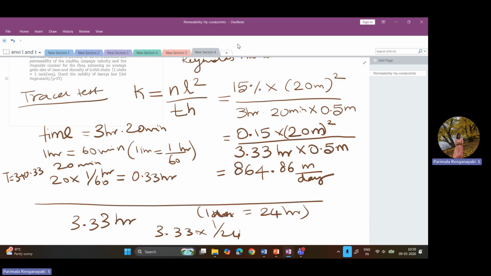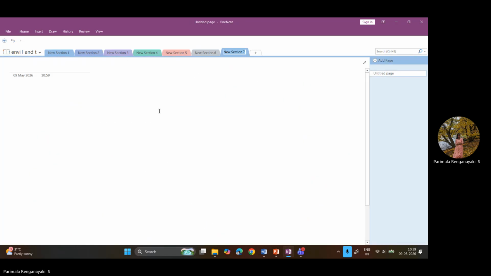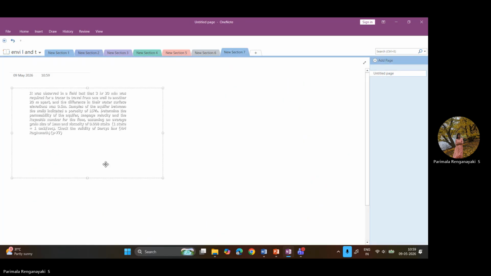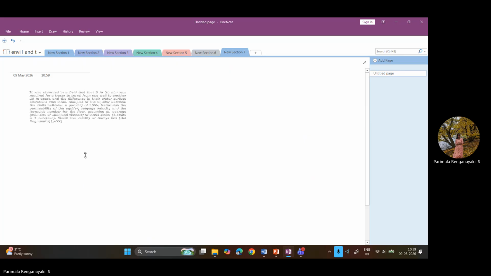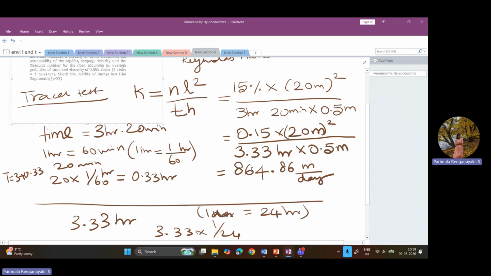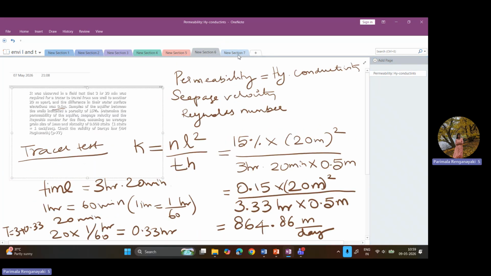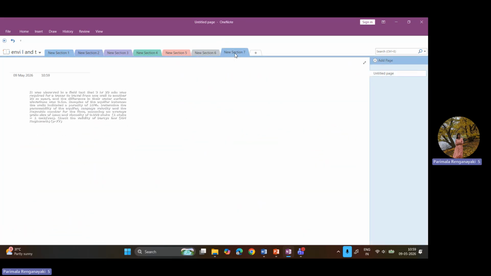Now let us move to next section, where we need to do seepage velocity.